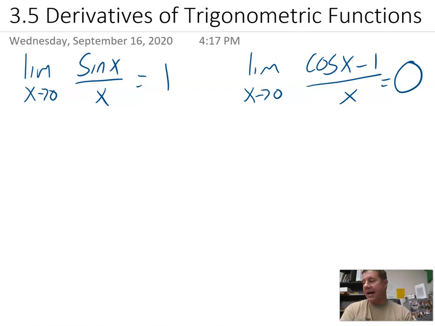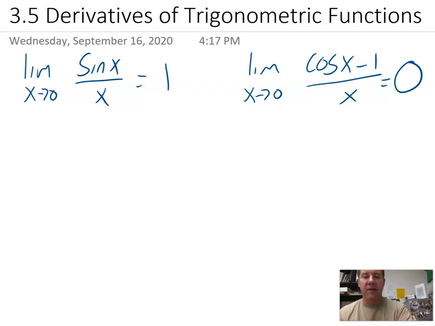All right. Now that we have reviewed those two limits, what we're going to do is try to derive the derivative of sine. If you remember back in the very first section, I believe it was, or second section, when we first talked about derivatives, I told you that the derivative of sine was cosine, but we have talked about how all derivatives are based from limits, right?